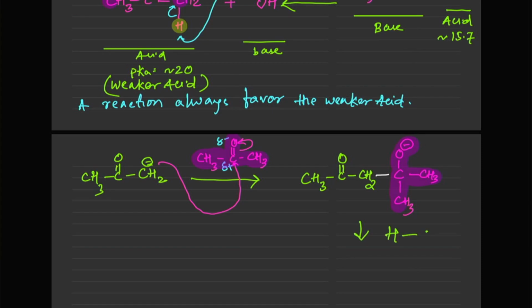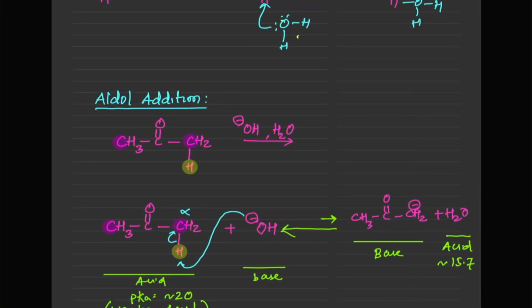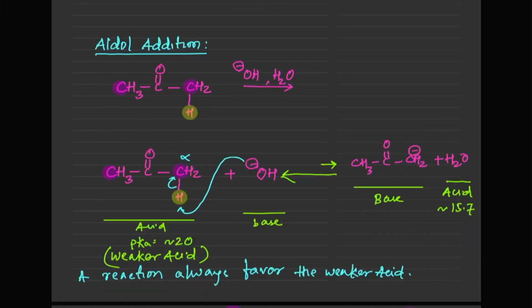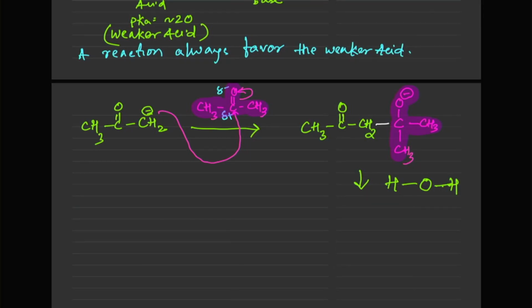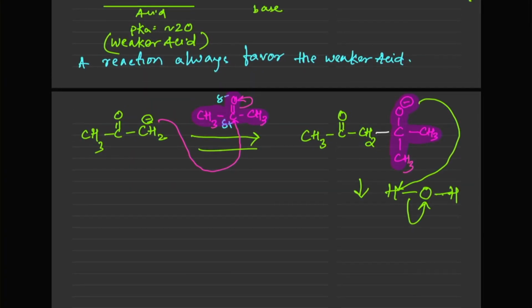Okay, so we got water. That's part of the reagent, OH minus, and water is going to neutralize. So basically it's going to abstract. Again, it's all about equilibriums. So all the steps in these reactions are going to be in equilibriums.